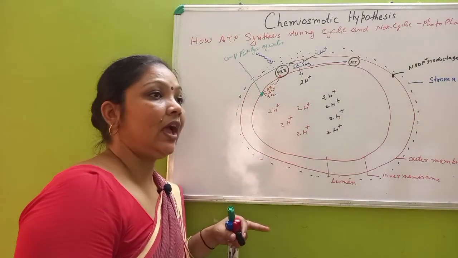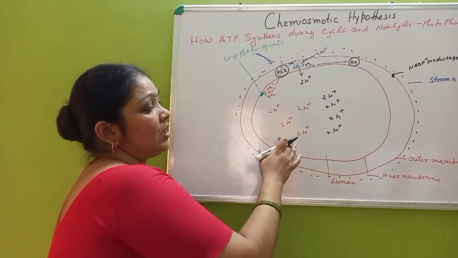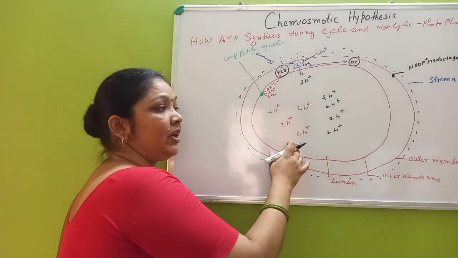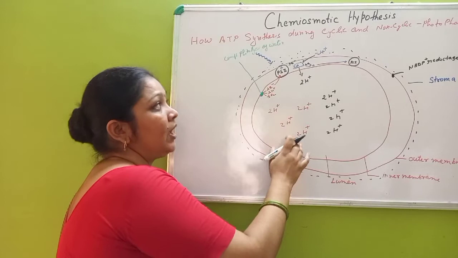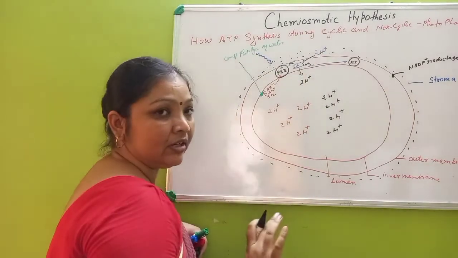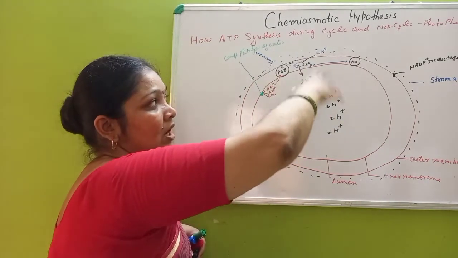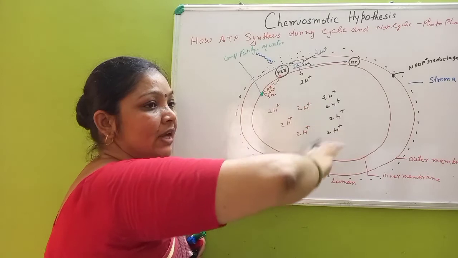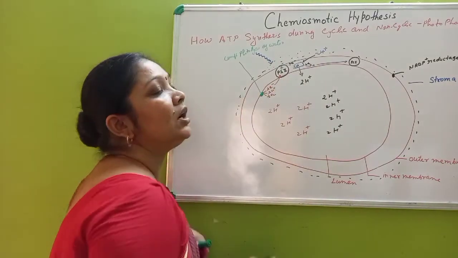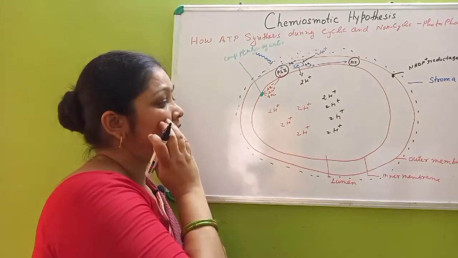By these two processes, the concentration of proton will increase inside the lumen, and its concentration decreases outside the thylakoid, that is in stroma, because the proton is continuously coming inside the lumen. That's why it becomes deficient in proton.